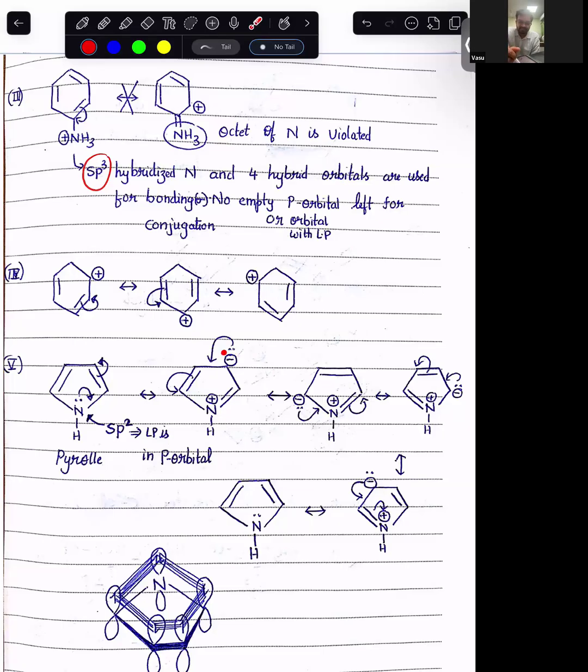This has it, this has it, this has it, this has it. If you omit this structure, and add only these structures and take the average, this carbon won't be seeing any negative charge, right? Okay, sir. Understood. So this is also a structure. Yes, they are equivalent, but they are not the same. Okay, sir. Thank you.